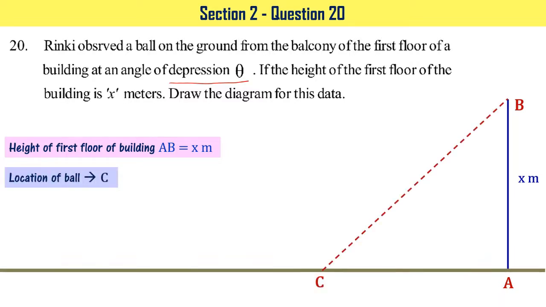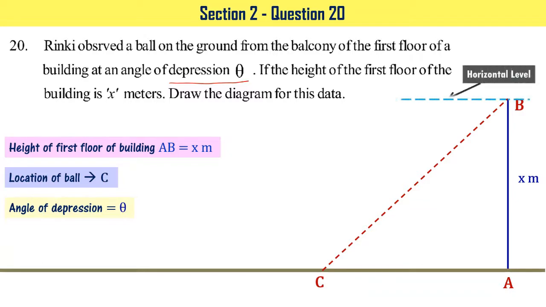And now we have to mark angle of depression, right? Angle of depression is theta. It means when you draw horizontal level from the eye of Rinki, the angle between line of sight and horizontal level is going to be the angle of depression, right?